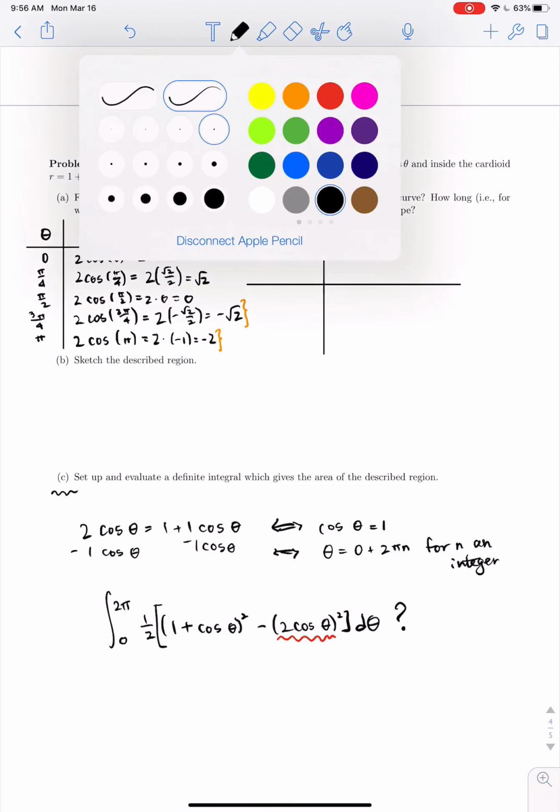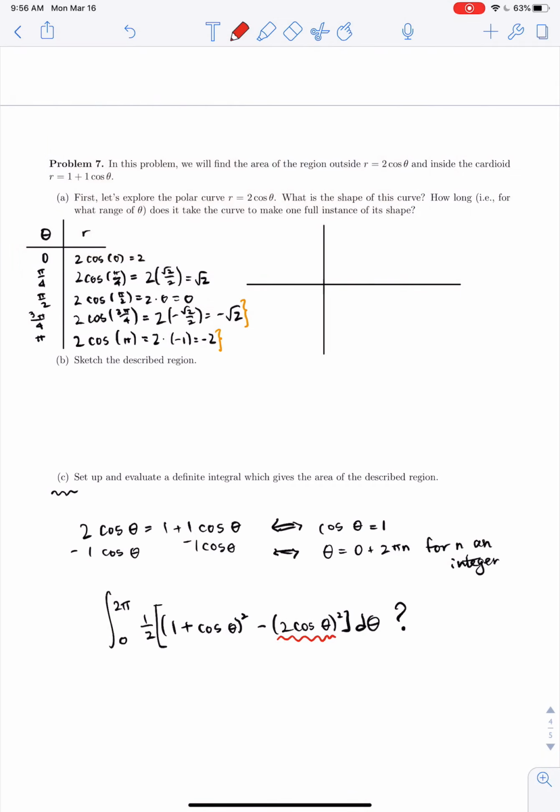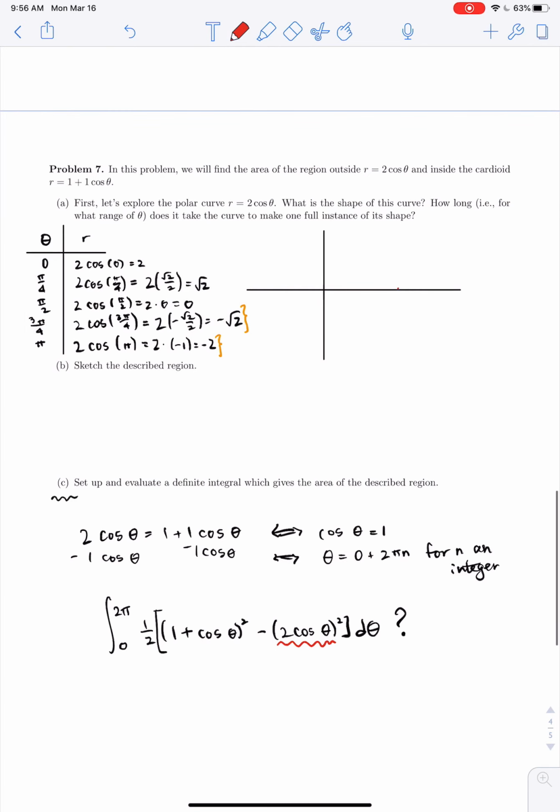Okay, so our first point is theta is 0 and r is 2. So let's do that point. That's when theta is 0 and r is 2. These are all in polar, by the way, so be careful. Okay, so that's a polar coordinate.